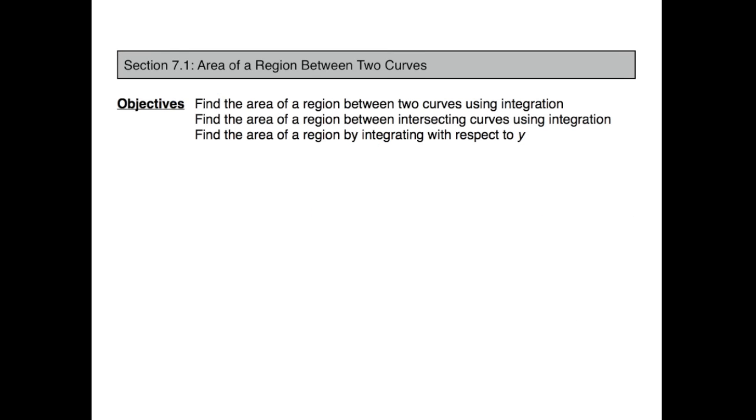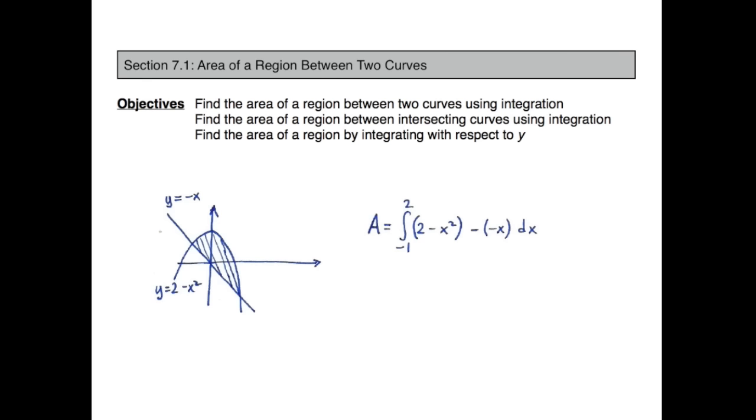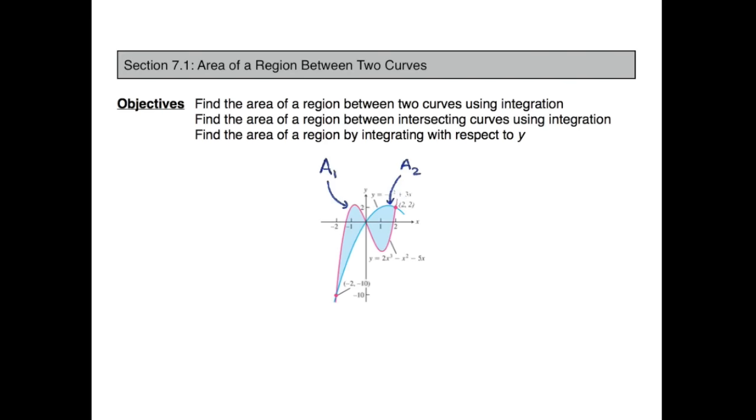That's all for section 7.1. Let's review the objectives. Find the area of a region between two curves using integration, is what we did here and many times afterwards. So remember, always top curve minus curve below. Find the area of a region between intersecting curves using integration.